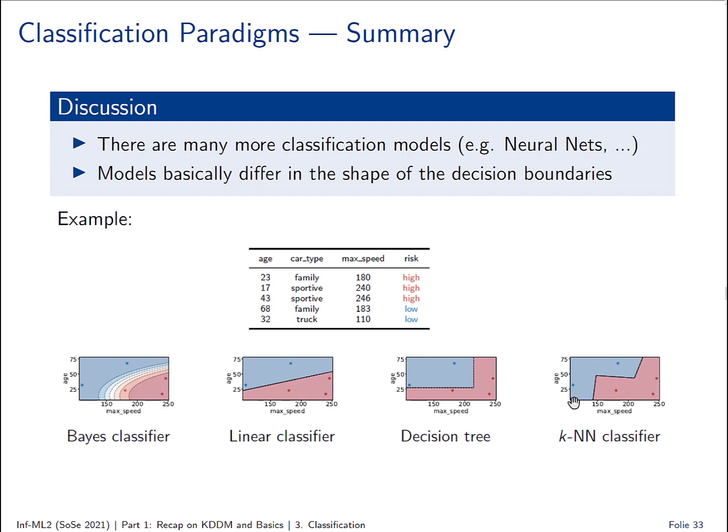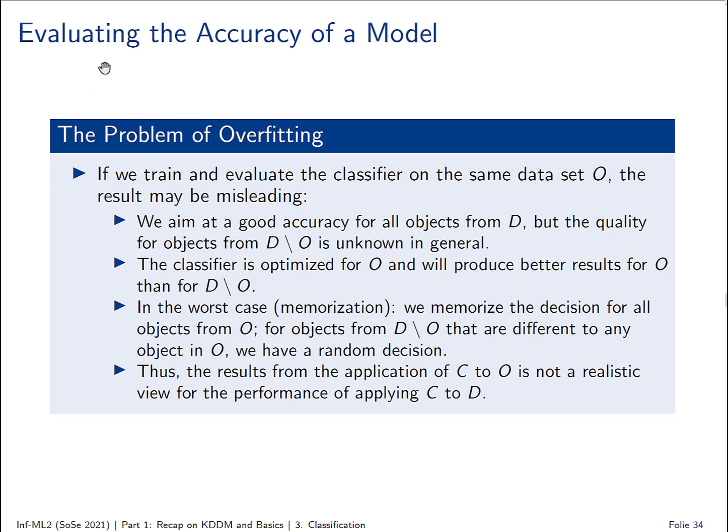So you see those different methods have different decision boundaries, and depending, of course, on the data, some do better, some do worse. So it's always a good idea to just throw a whole bunch of methods you have at a problem and see what comes out. And for that purpose, of course, we need to know how to evaluate the accuracy of a model.